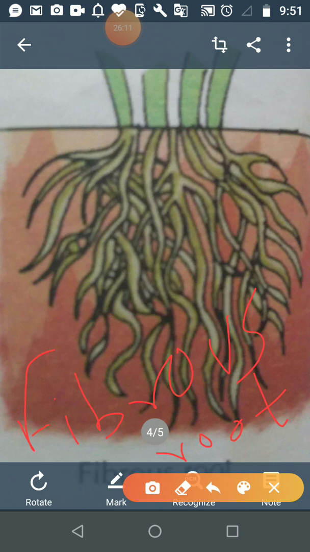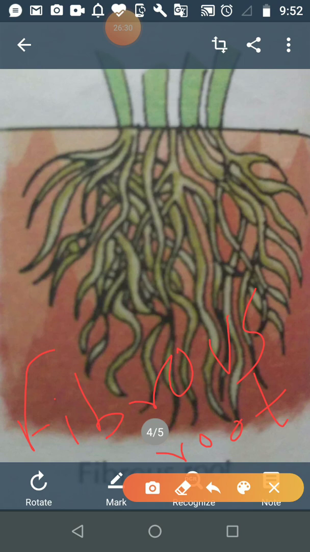For performing these different activities, whether you are running, dancing, eating, writing and so on, from where are you getting the energy? So student, we are getting the energy from the food we eat.